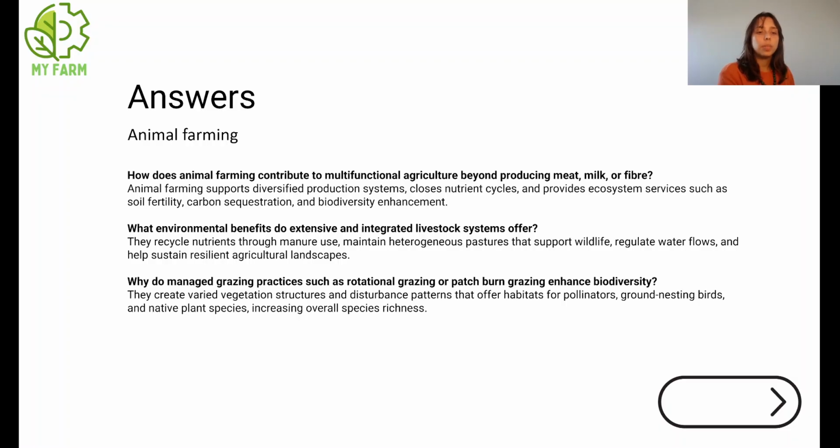Why do managed grazing practices such as rotational grazing or patch-burn grazing enhance biodiversity? Because they create varied vegetation structure and disturbance patterns that offer habitats for different animals and plant species.